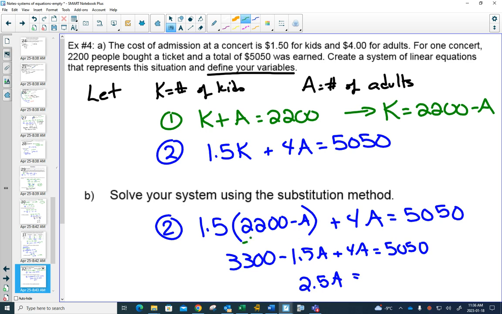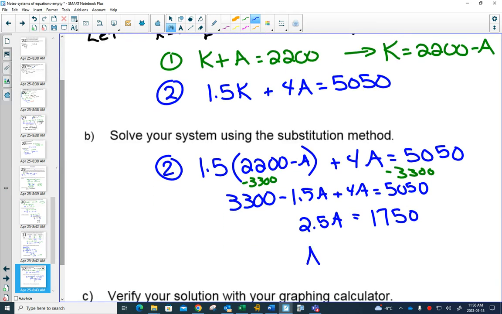Combine like terms, so I'm going to subtract $3,300 on both sides. Then I'm going to divide by 2.5. A equals 700.